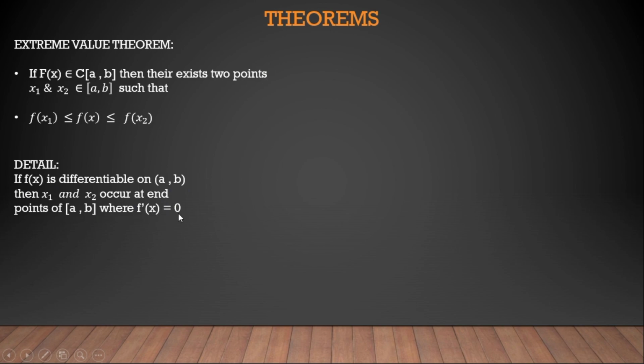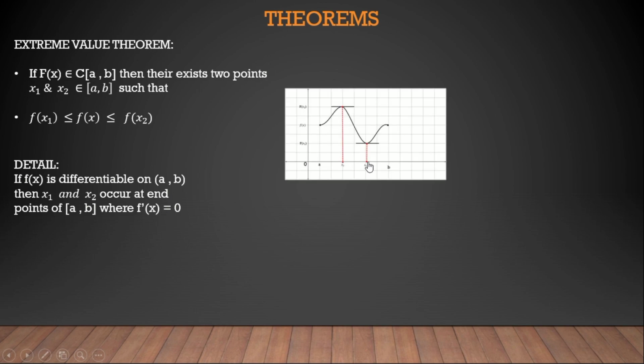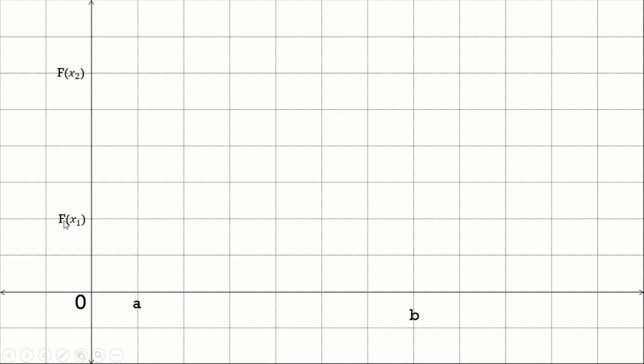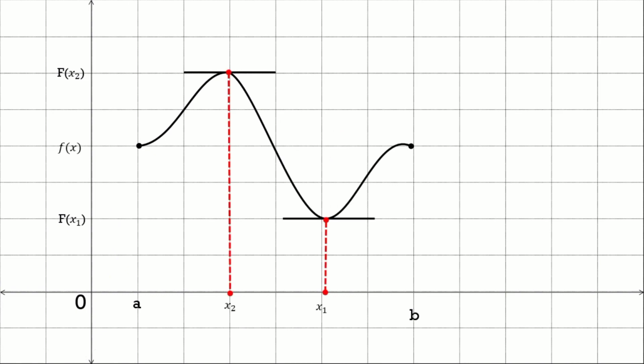So here is the actual graph. So we have a and b, and we have this type of function, right? So we call this f of x. Great. So if this is our f of x function, we have our points x2 and x1, right? So in this scenario, we have x1, which is our lower limit, and we have x2, which is our higher limit.